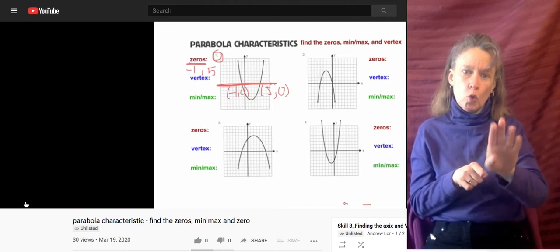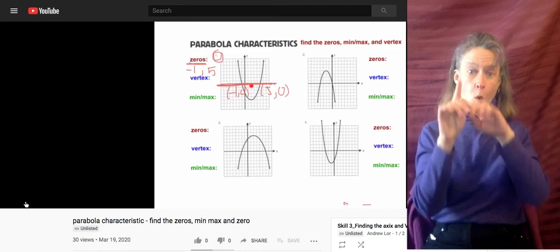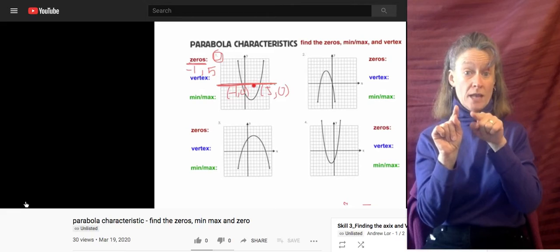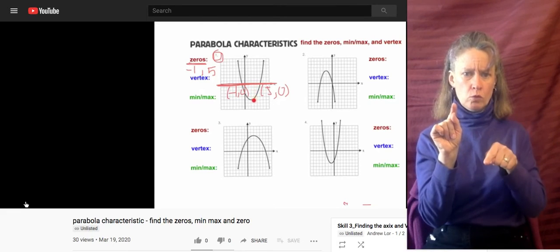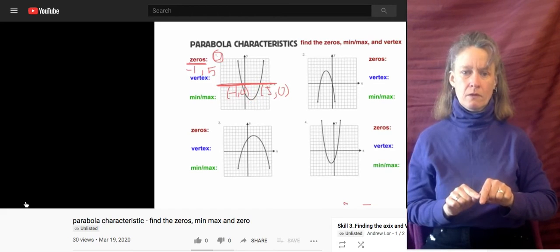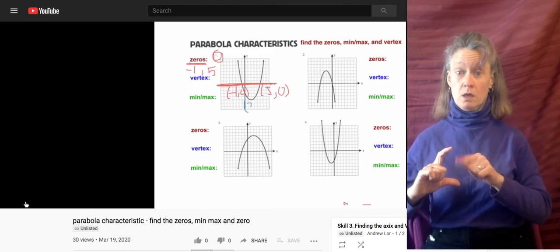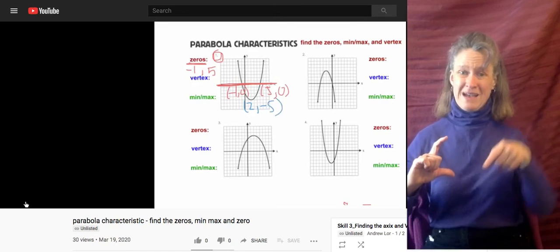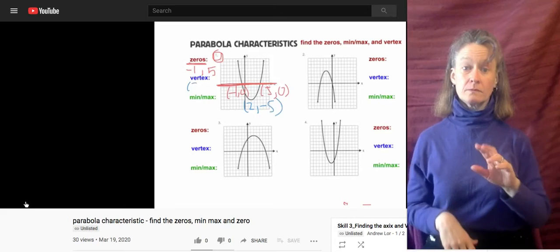If we start from the origin, we go over 1, 2, so over 2 to the right, and down 1, 2, 3, 4, 5, so -5. So our vertex would be over 2 and down -5. So your vertex would be 2, -5.